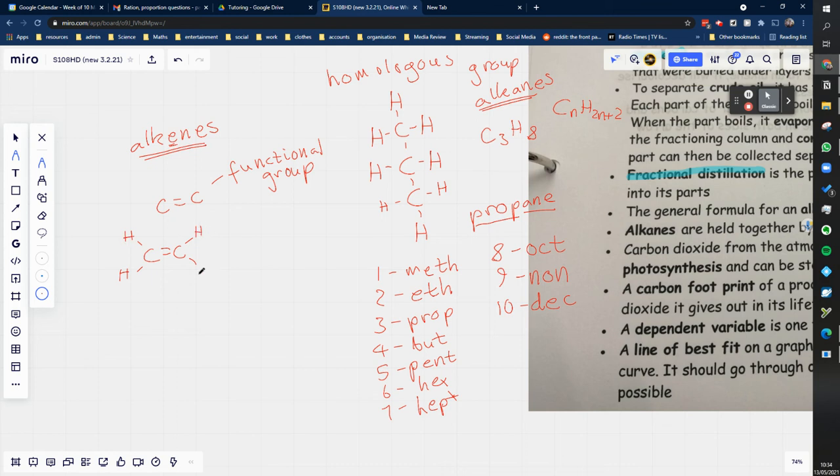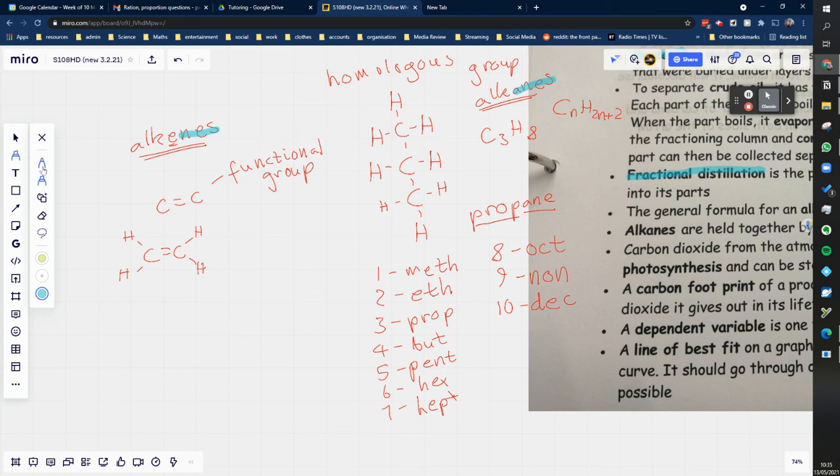The ene at the end of alkene tells me the ending of this name, like alkane tells me the ending of the other one. So methane, ethane, propane, butane, pentane, hexane, heptane, octane, nonane, and decane are all alkanes. They would have single bonds, and be just a chain of carbon atoms with all the rest of the bonds filled up with hydrogens.